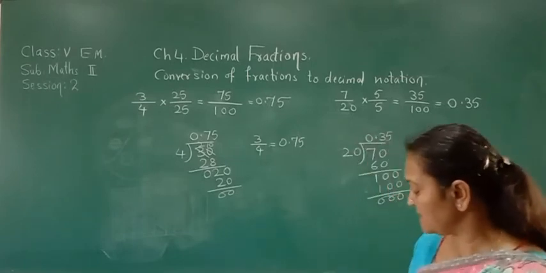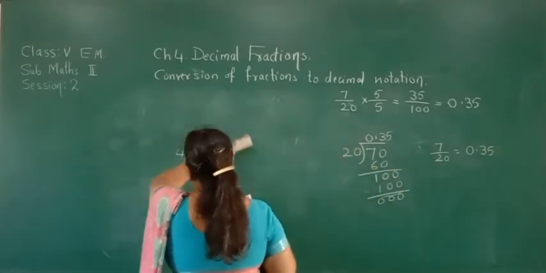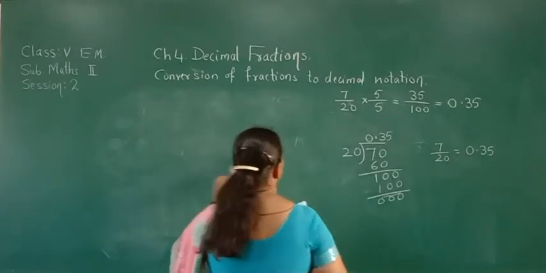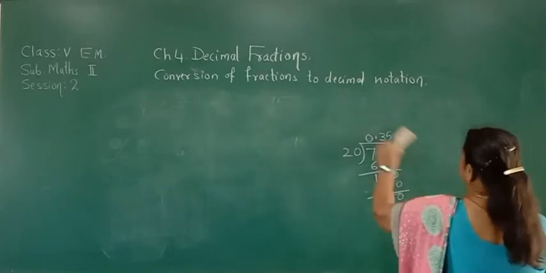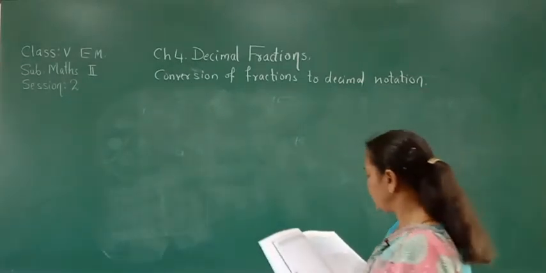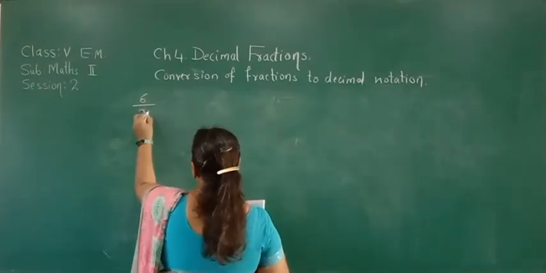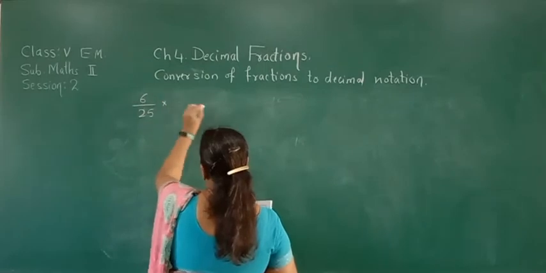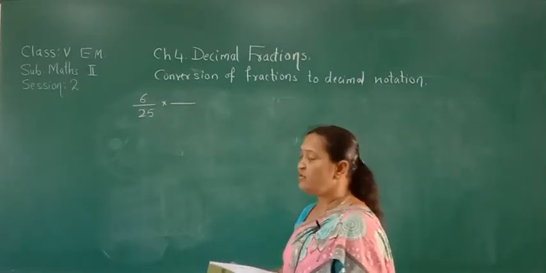Next here, if it is 6 by 25, our next question is 6 by 25. Then convert 6 by 25 to a denominator of 100. So in the 25 table where do we find 100? 25 4s are 100.